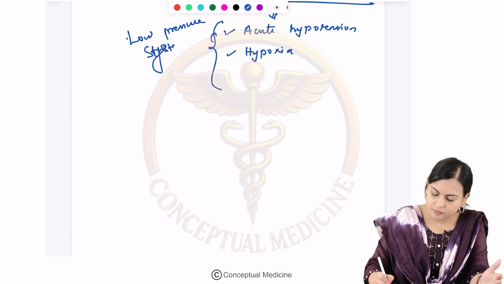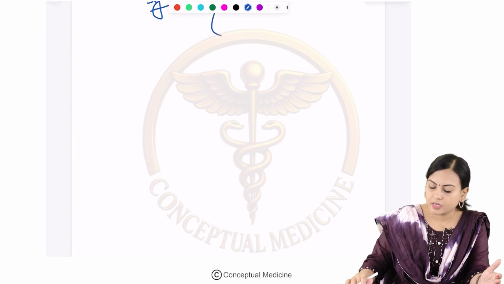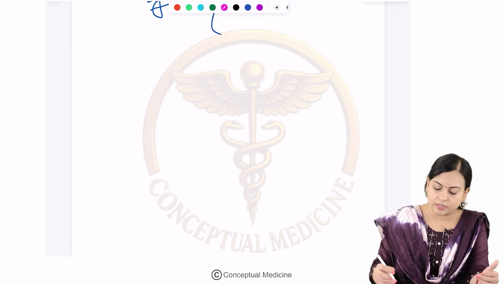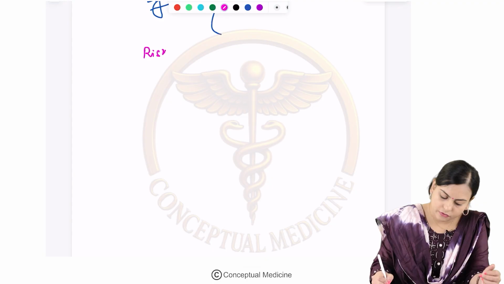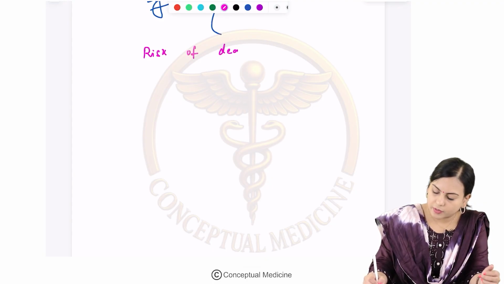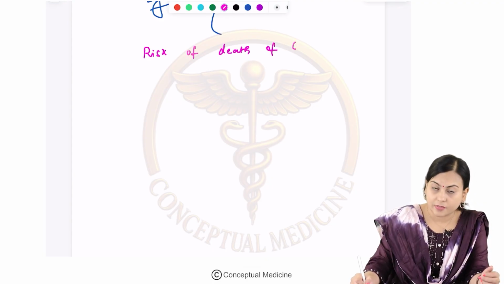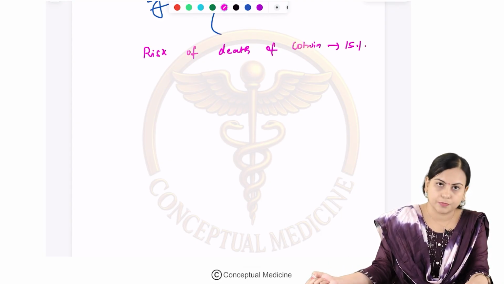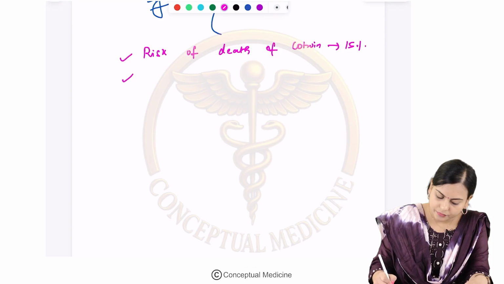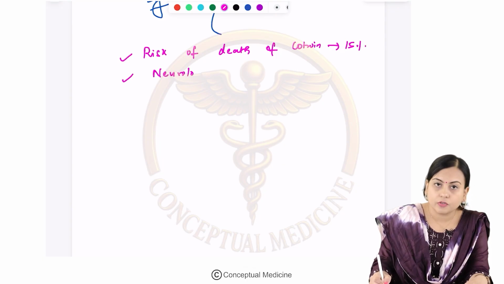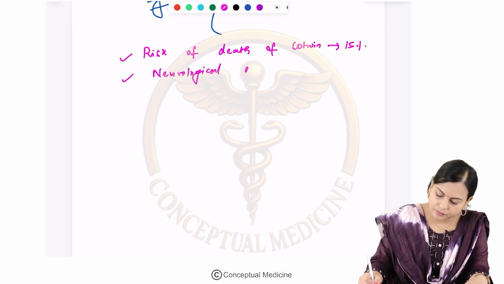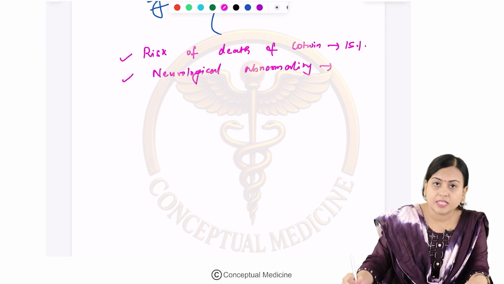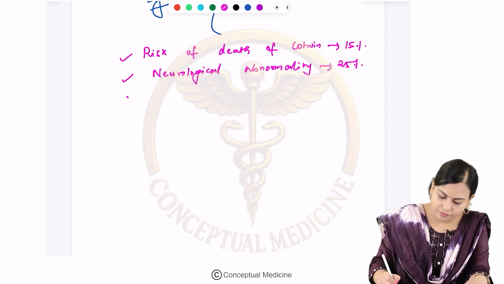So, in this situation, the risk of death of the co-twin, that is the surviving twin, is around 15%, and there is a chance of neurological abnormality that can be seen in 25% of the cases.